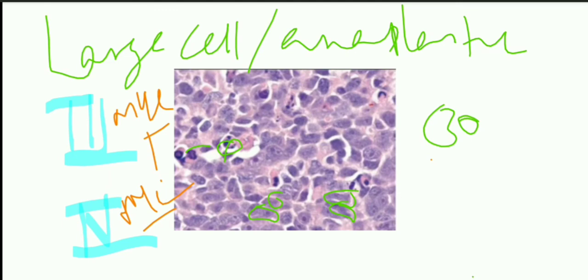So the SHH molecular subtype is related to which two tumors? Basal cell carcinoma and medulloblastoma. Isochromosome 17q is related to group 3 and group 4 types of medulloblastoma.